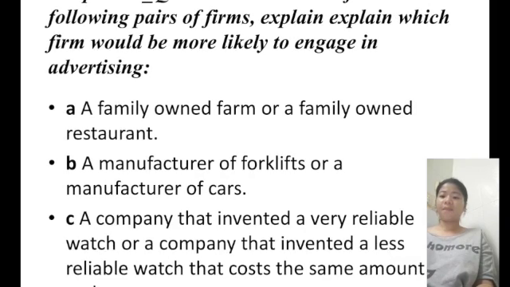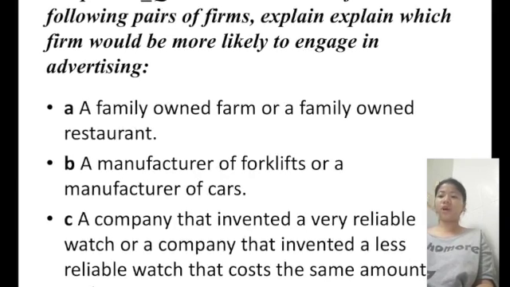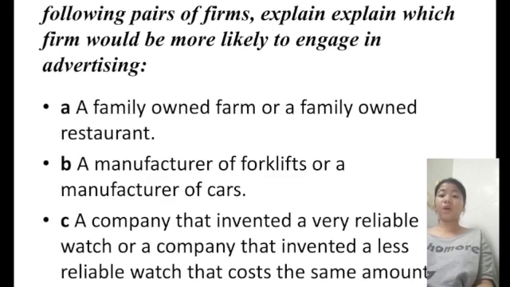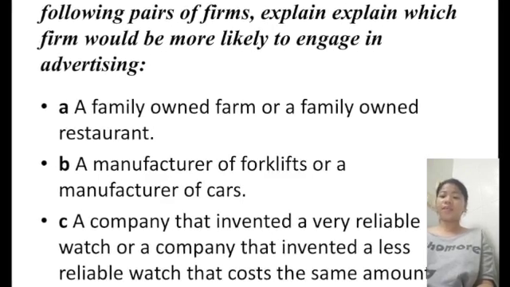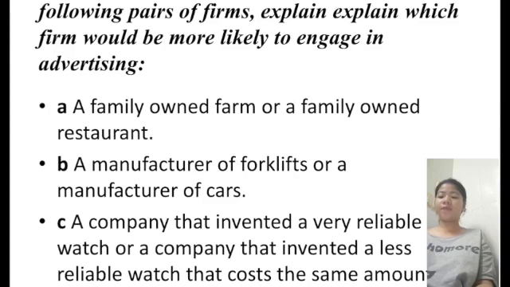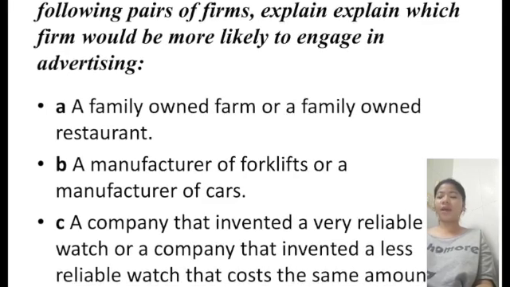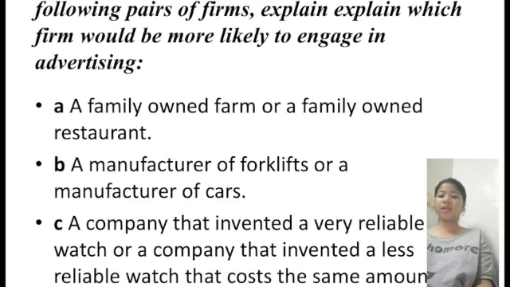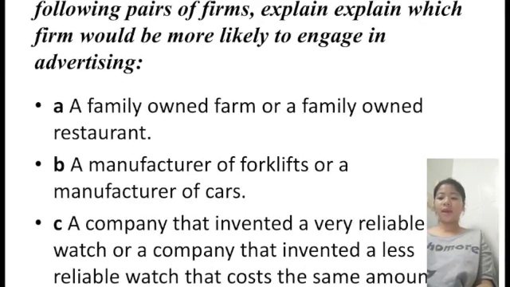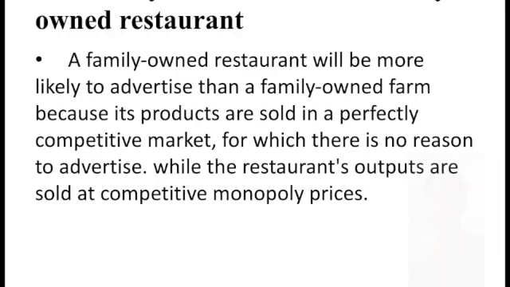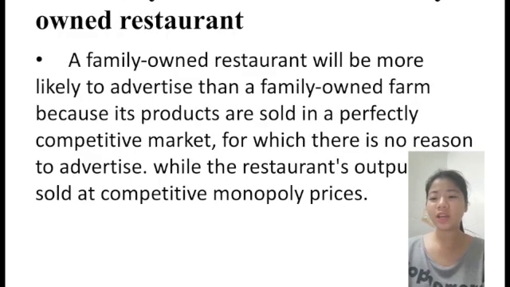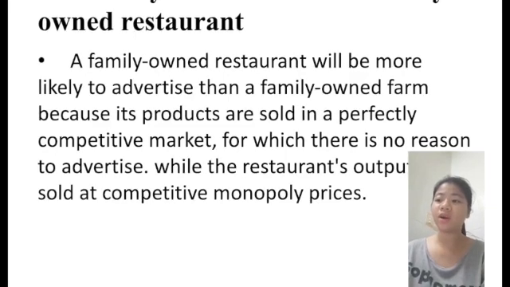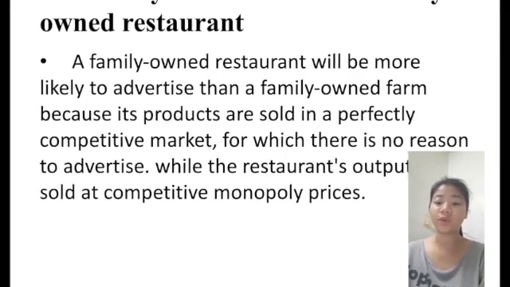B, a manufacturer of forklifts or a manufacturer of cars. And C, a company that invented a very reliable watch or a company that invented a less reliable watch that costs the same. So question A is a family-owned farm or a family-owned restaurant.